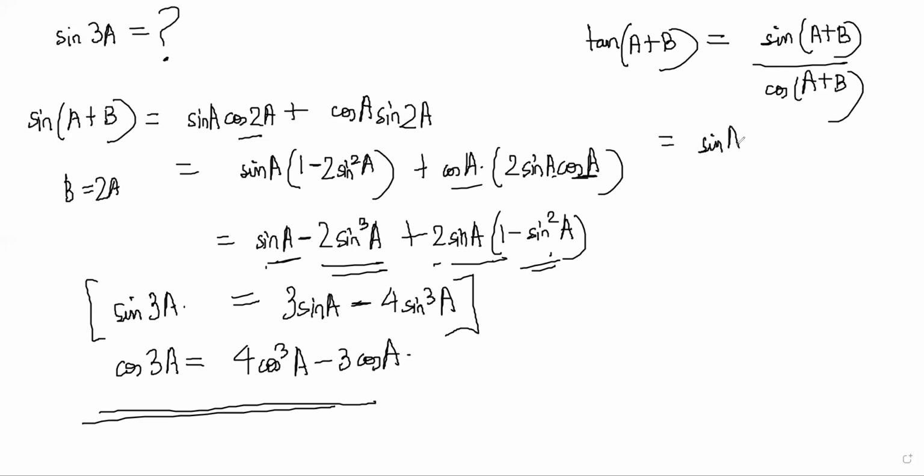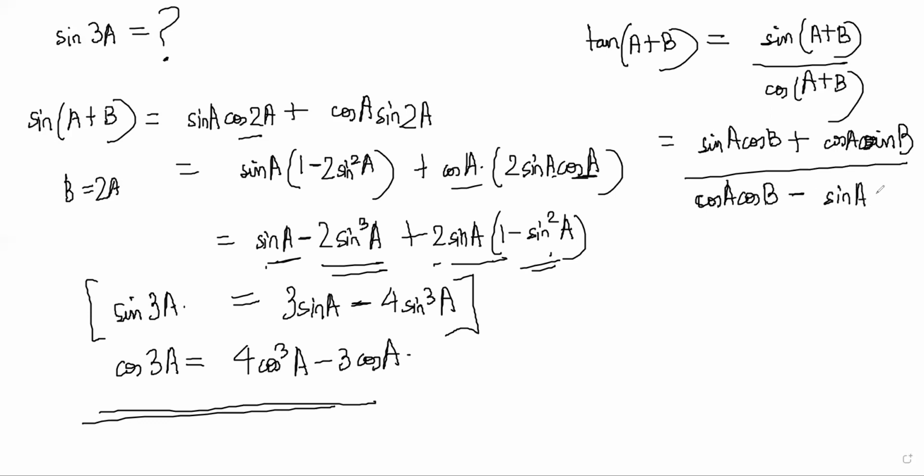It becomes sine a cos b plus cos a sine b divided by cos a cos b minus sine a sine b. This is the expression after putting the two identities that we have learned.